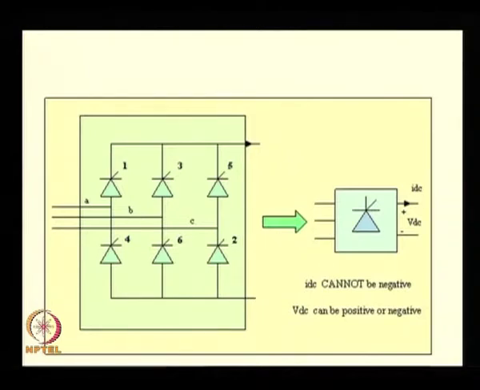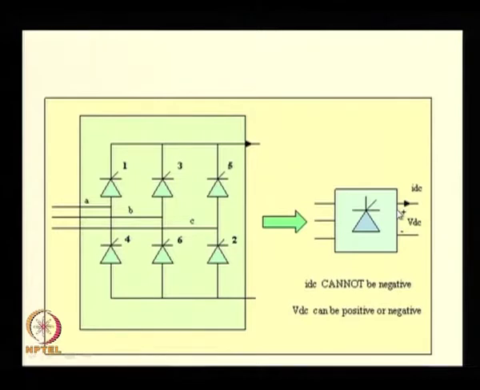The input of course is the 3-phase AC input, and the output is DC. And that is what I have been representing as this box here. So, this is equivalent to a box with 3-phase inputs and DC output in this fashion.